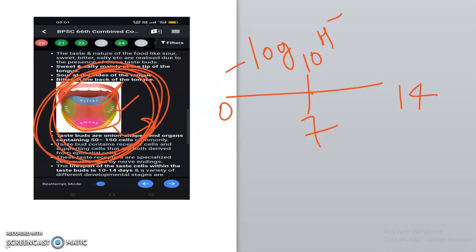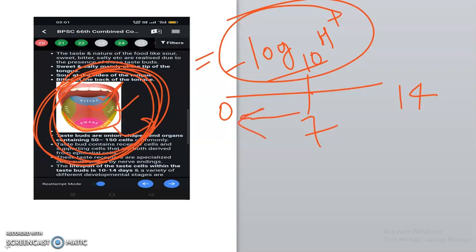The hydrogen ion concentration decides whether the substance is acidic or not. This part is acidic, this part is basic. 0 is the most acidic, and 14 is the most basic. If you move from 7 toward 0, acidic nature increases. If you move toward 14, basic nature increases.